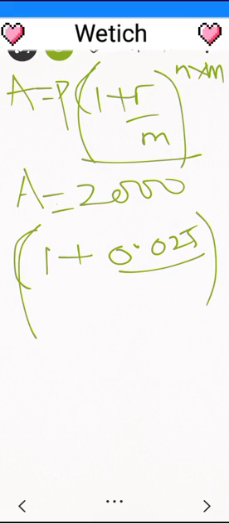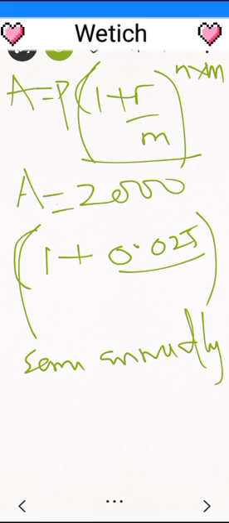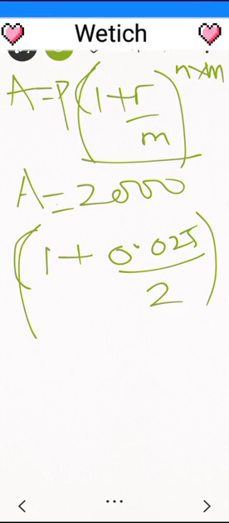Mind you, there's a bracket here, divided by M. Anytime you hear semi-annually, it means twice in a year. So wherever we see M, we'll replace M with 2. Beautiful.